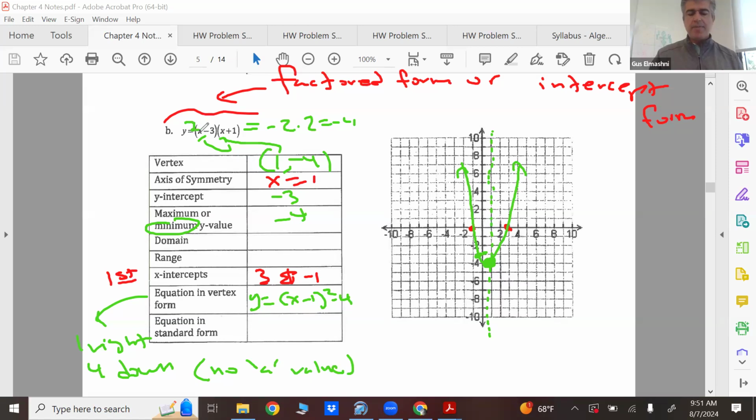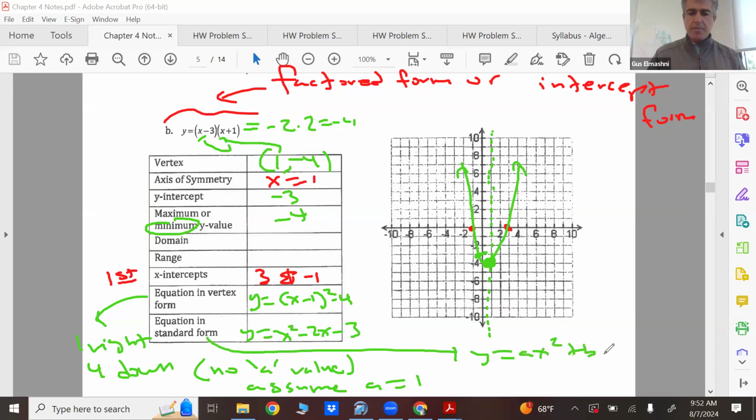If you had a 2 in front, then a is 2, but we don't see that, so you assume it's 1. Standard form is when you distribute or FOIL. Standard form is just this: ax squared plus bx plus c.